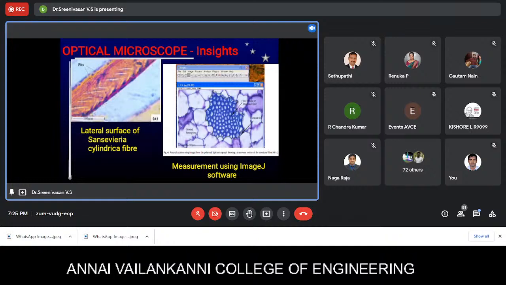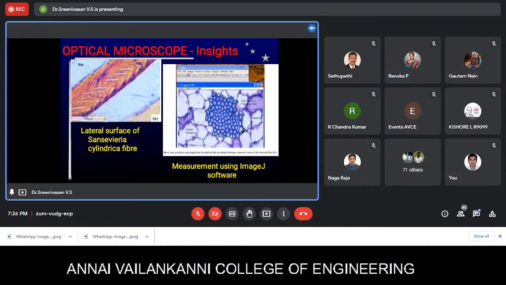After analyzing the elements on the optical microscope, I also utilized the magnified images for measurement. Using ImageJ software, I identified the cross-sectional area of the fiber, because it has an irregular polygonal shape.